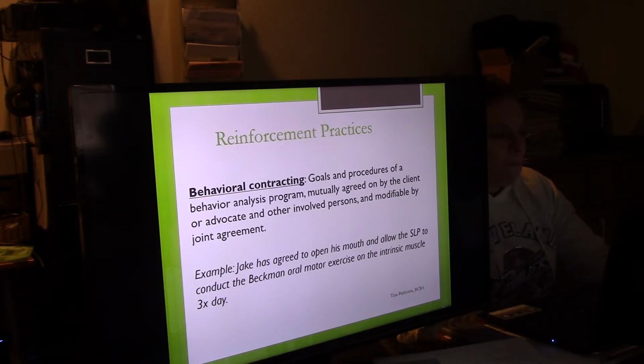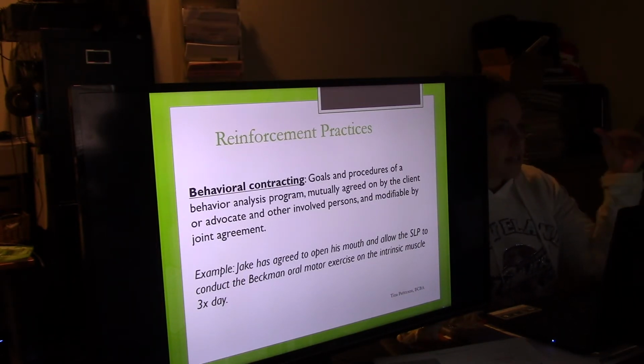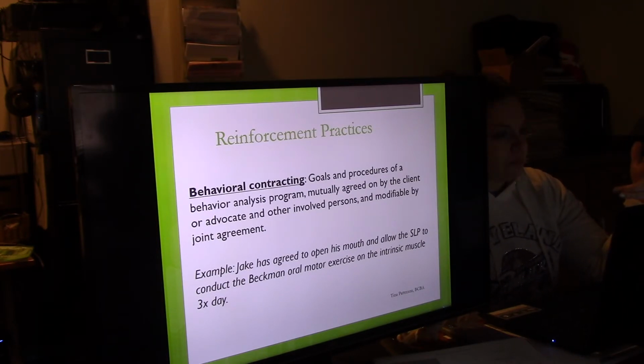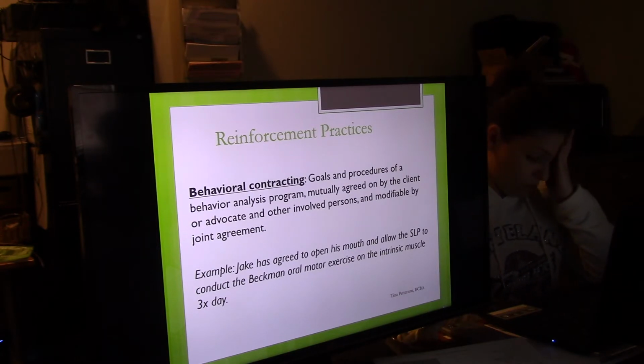It has the expectations, the reinforcer, the consequence, and a set time criteria. Here they have 3 times a day, which is kind of good, but for how long? And they don't have the reinforcer or the consequence in there either.